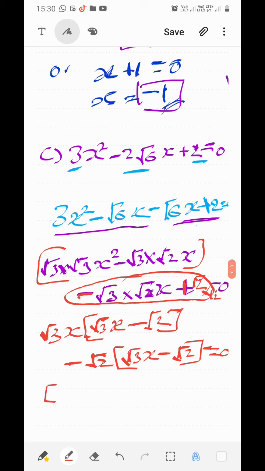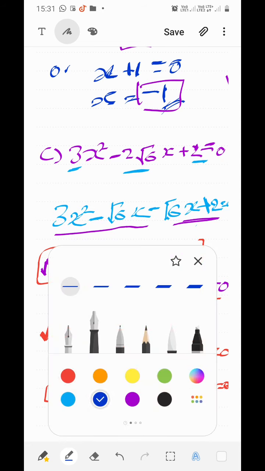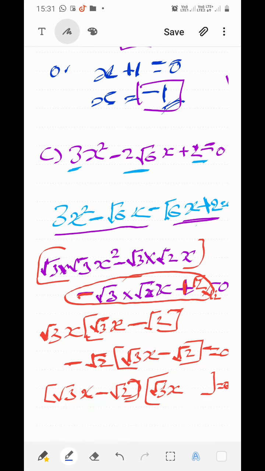Take that out. Root 3 x minus root 2 is common. Yes, what remains? Root 3 x, that means this one. Then this one, minus root 2.